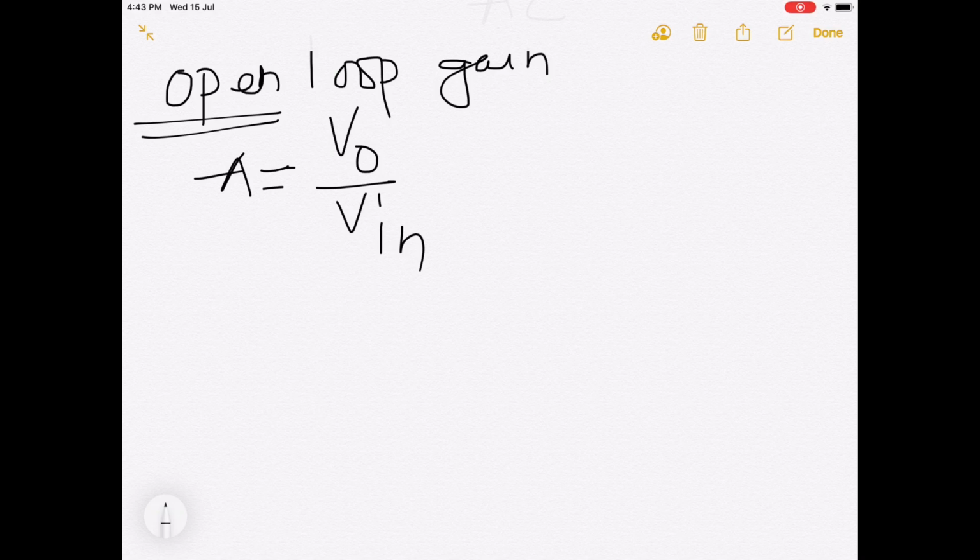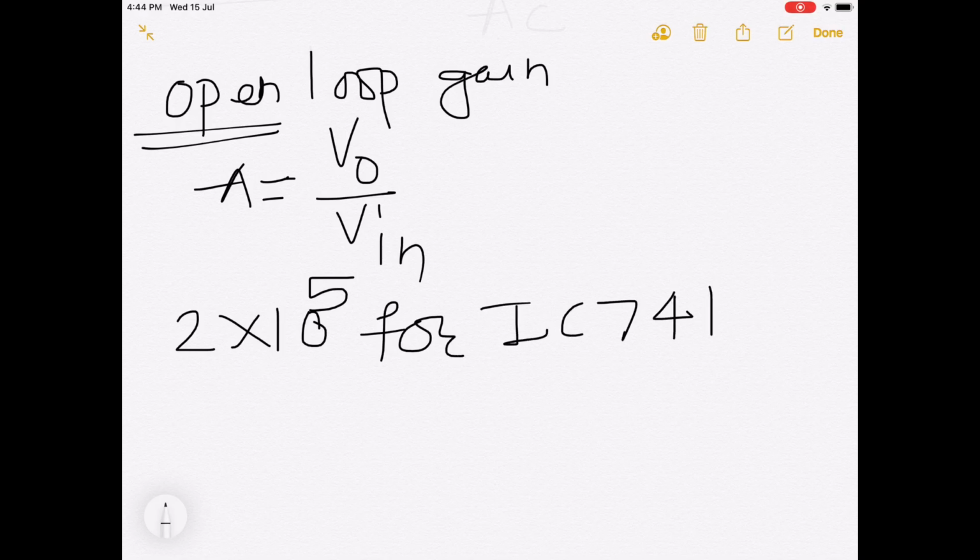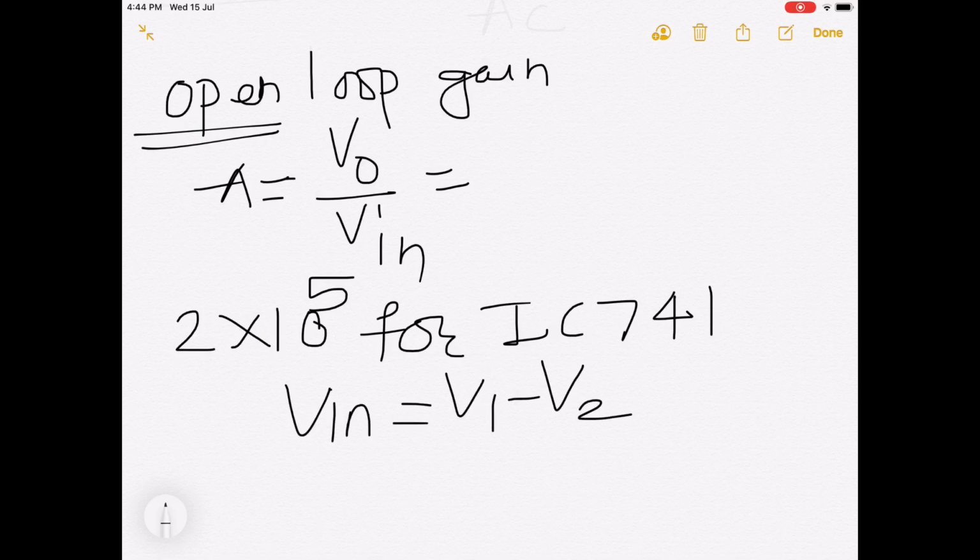Without feedback your op-amp has a very high gain. Normally it can be 2 into 10 raised to 5 for IC 741. This is the ratio of output voltage to input differential voltage, where Vin is V1 minus V2. So, this is the open loop gain parameter.